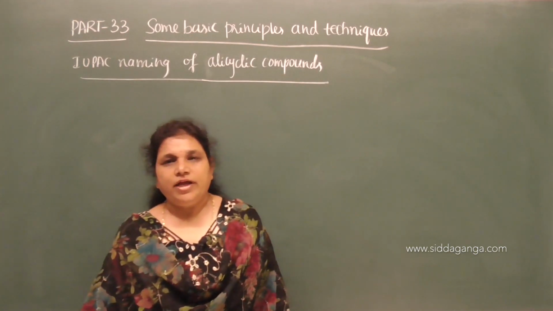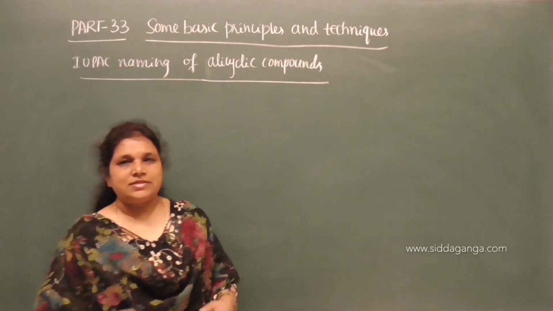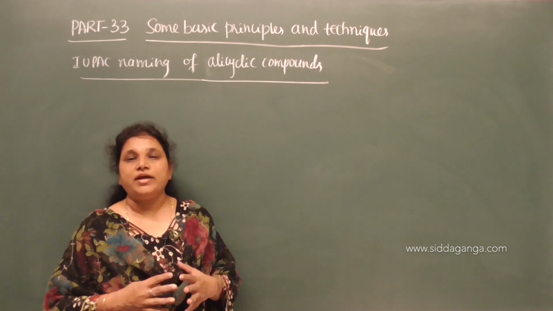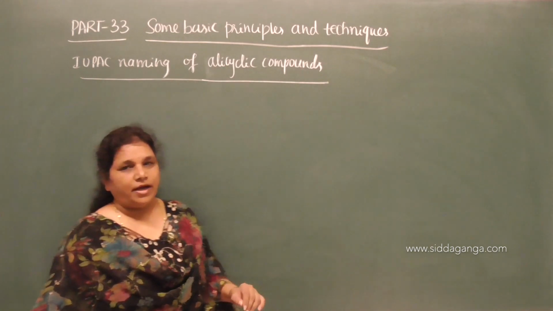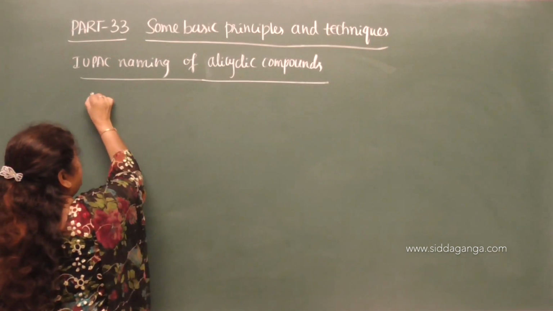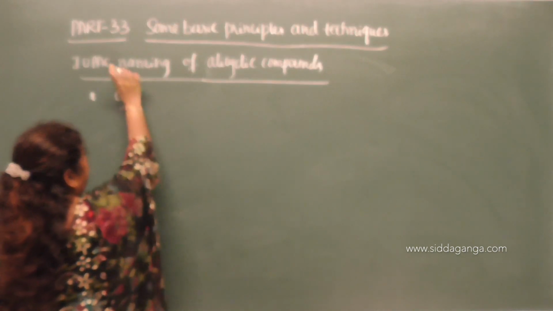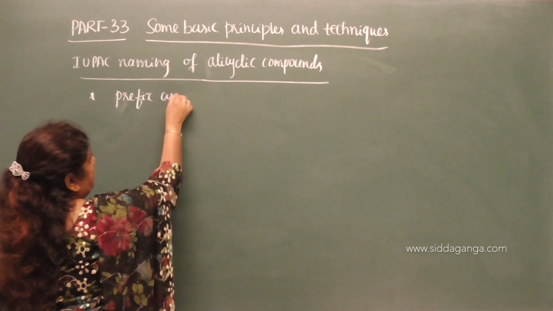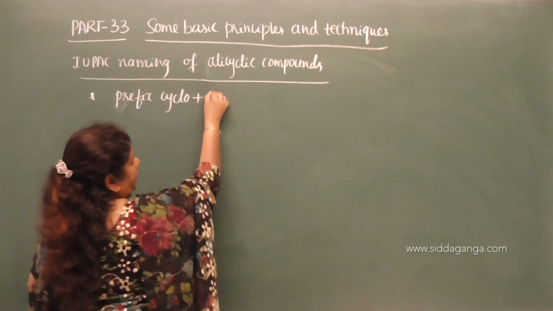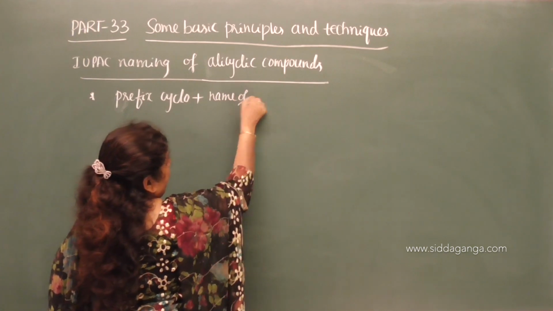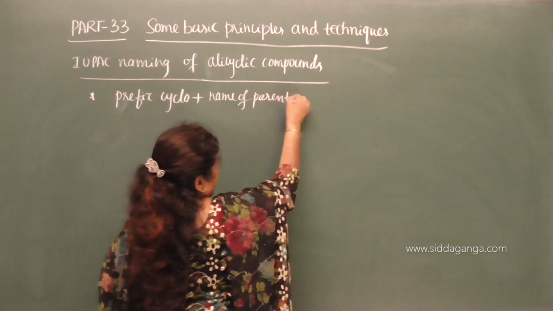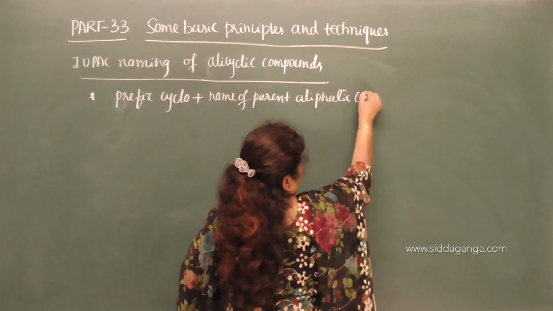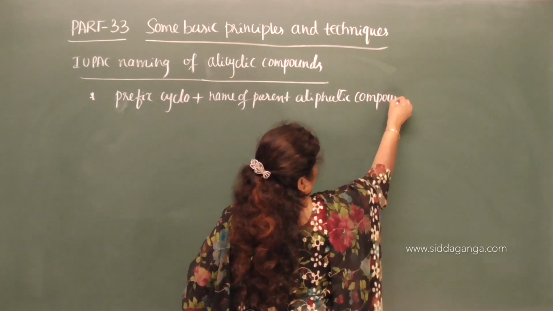So how to name the alicyclic compound? If we consider simple alicyclic compounds, which are not substituted, they are named by adding the prefix cyclo to the name of the parent aliphatic compound, that is the open chain compound.